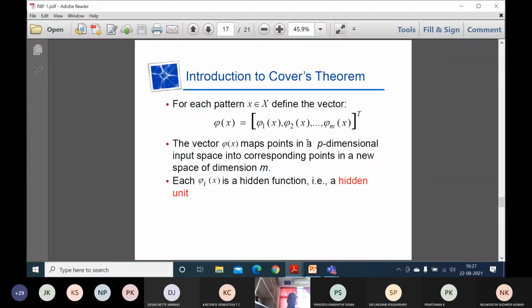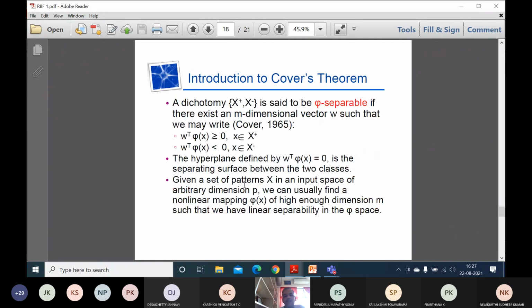The vector psi of x maps a point in a p-dimensional input space to a corresponding point in a new space of dimension m. Each psi i of x is a hidden function, that is, a hidden unit. It is also considered an RBF function or a basis function. All are the same.